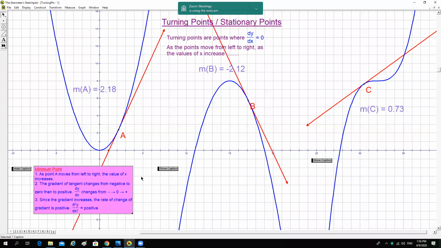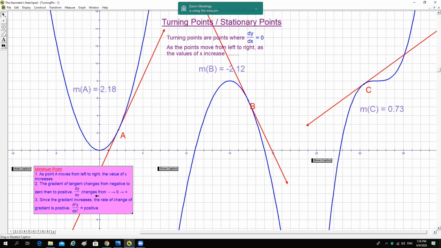Okay. Now, if the gradient is increasing, the rate of change of gradient is positive. We are talking about d2y/dx squared now. So there are two ways of looking at it.